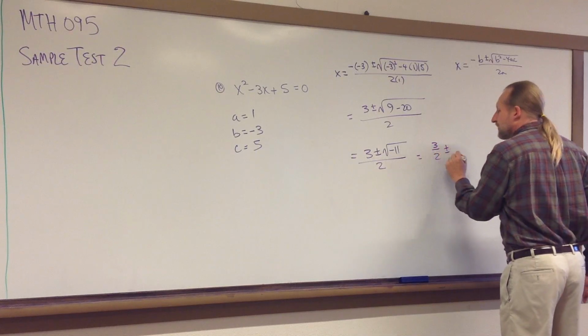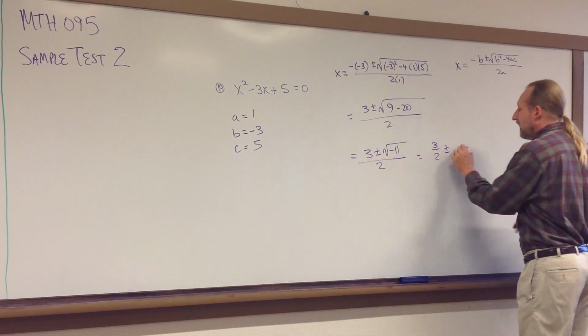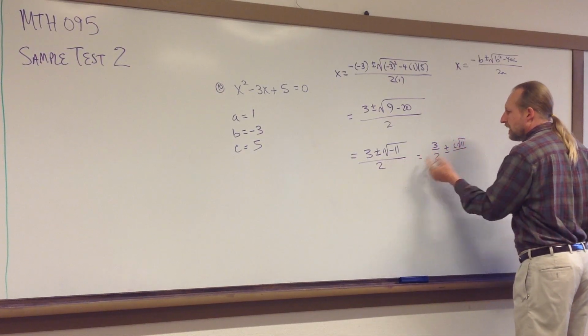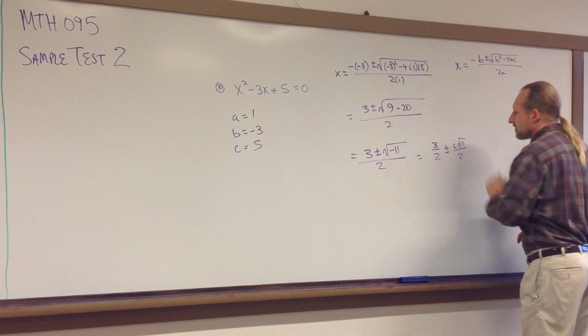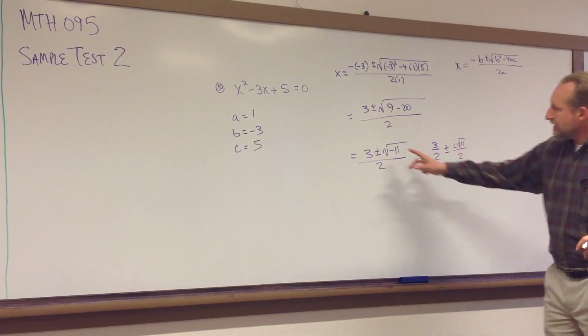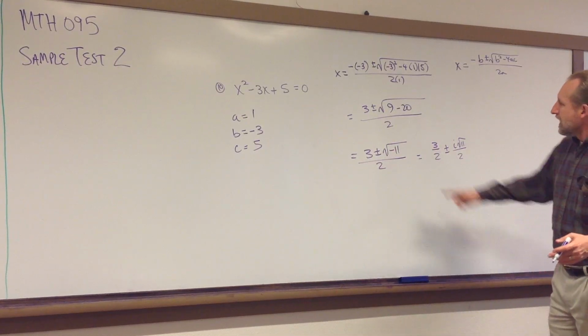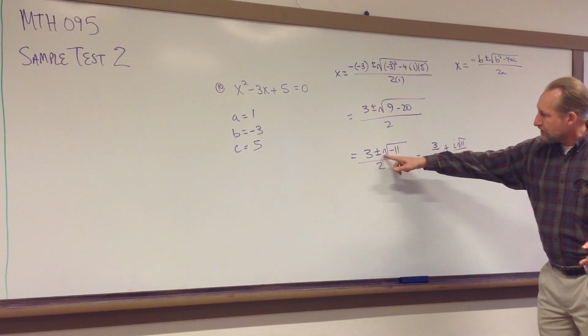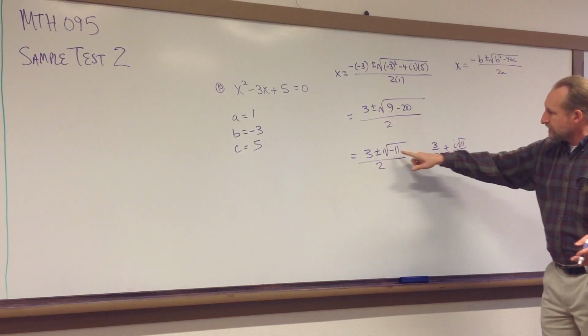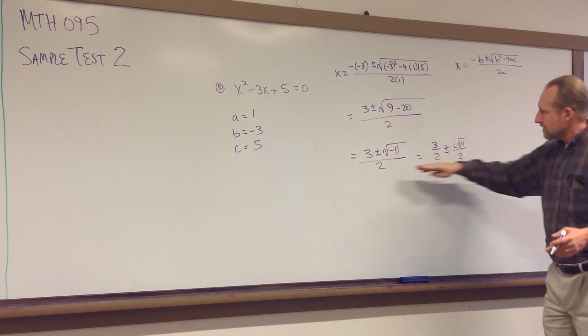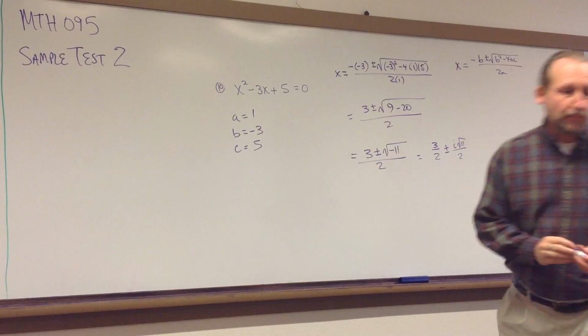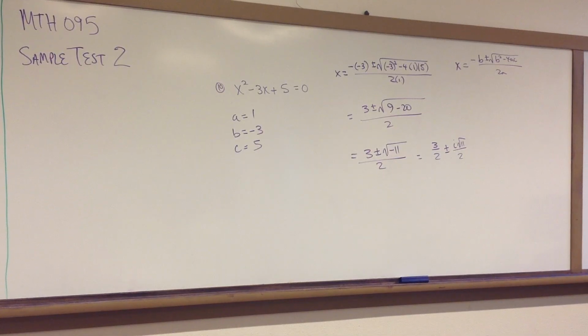So at this point we can split this into the complex part and the real number part. Okay? So you've got your 3 halves as the real number part. You can call that 1.5 if you want to. Here, we pull out the square root of negative 1 as i, and that leaves us with square root 11 divided by 2. So, let's approximate that. Square root 11 divided by 2.